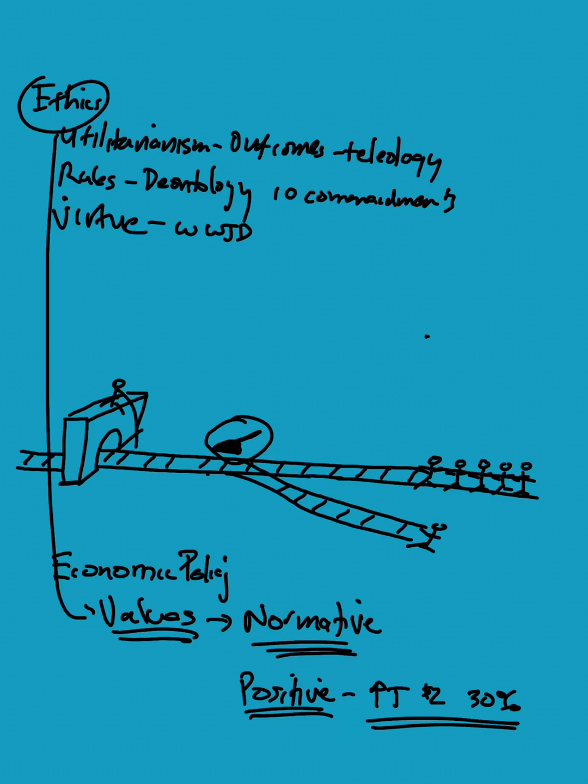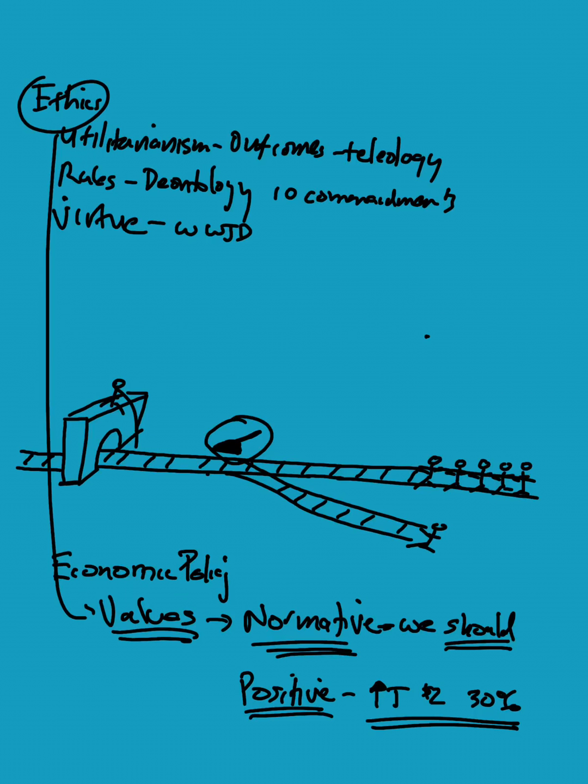And that's a positive economic statement because it's just a statement of what we would expect from a given action and the outcome. Raising taxes $2 on a pack, we see cigarette consumption decline 30%. A normative statement would be, we should raise those taxes by the $2, because that's a policy goal. You want to reduce the smoking, if that's the case.